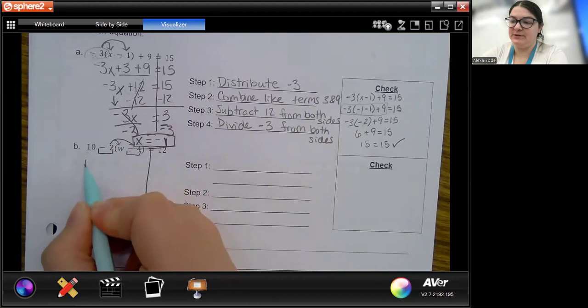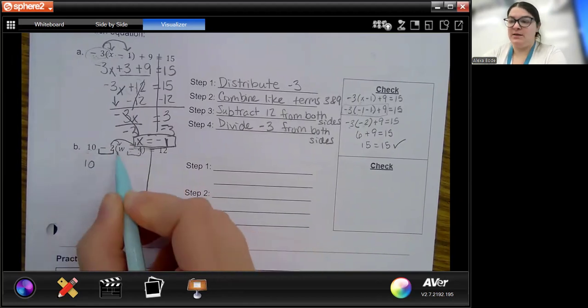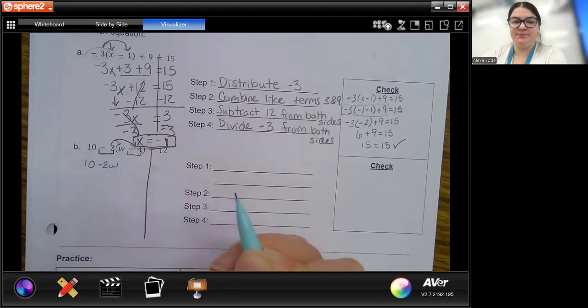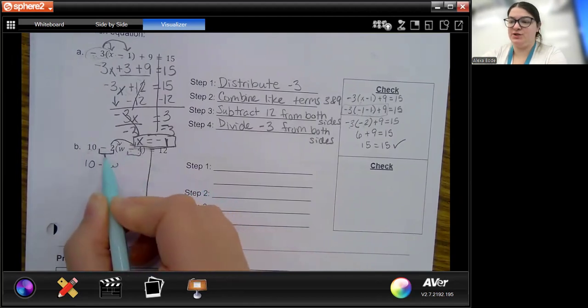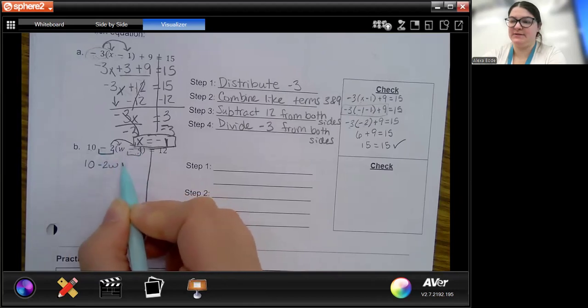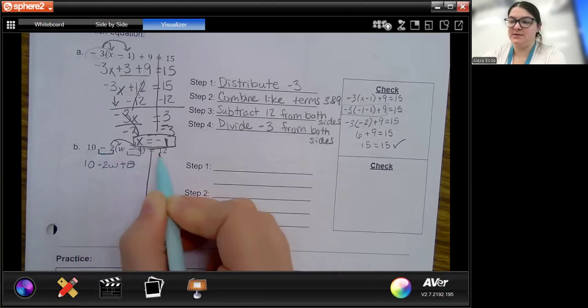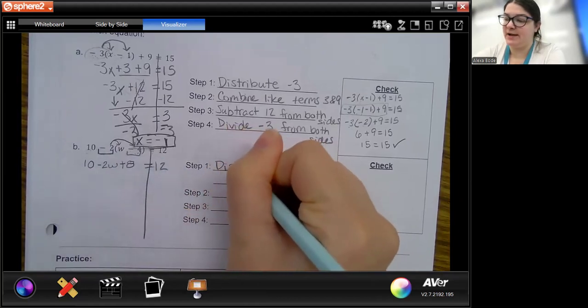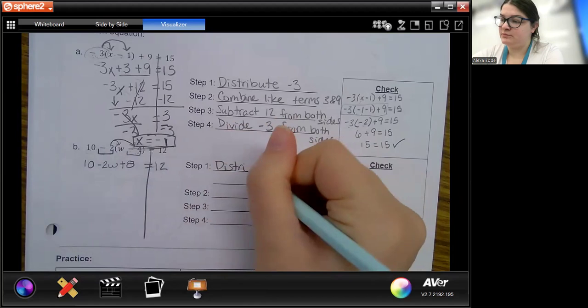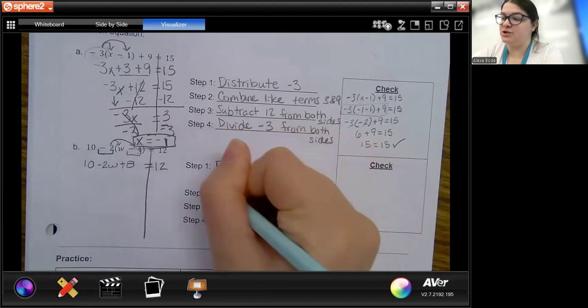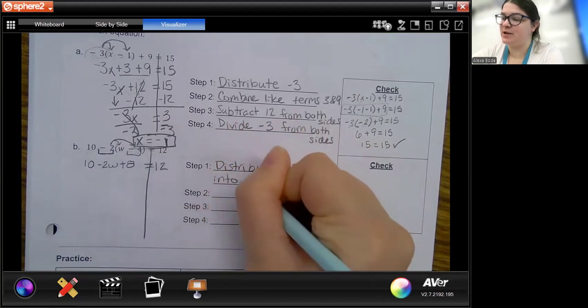So my 10 comes down. -2 times W is -2W. And then -2 times -4, and negative times negative is a positive, so that's +8, and then equals 12. So my first step was to distribute -2. And we'll just say into the parentheses because I have that extra line.